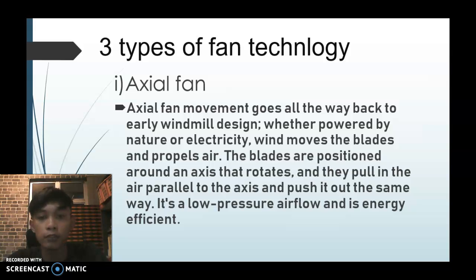The blades are positioned around an axis that rotates, and they pull in the air parallel to the axis and push it out the same way. It's a low pressure airflow and it's energy efficient.